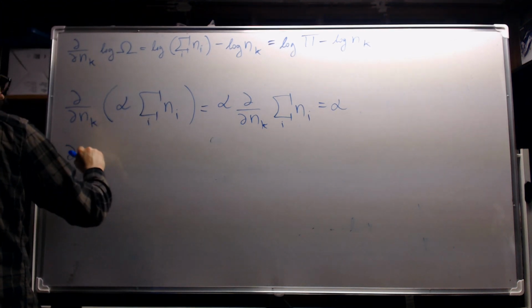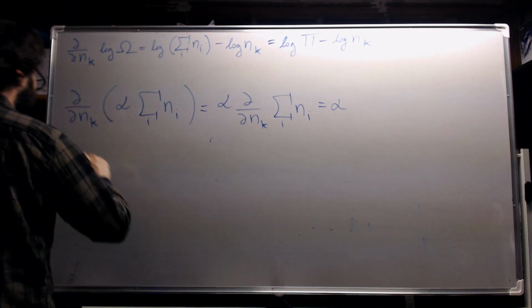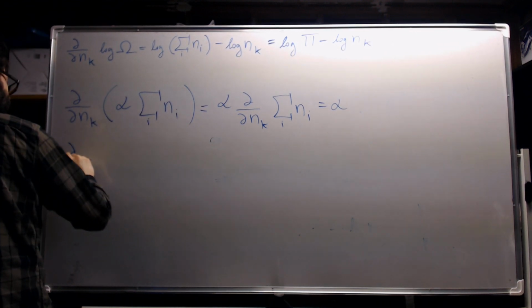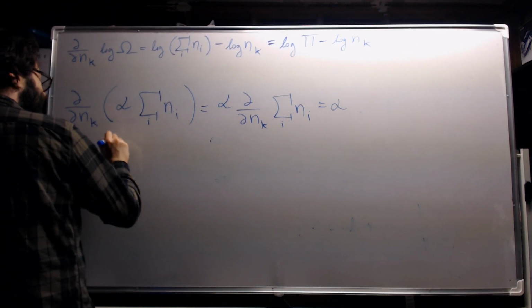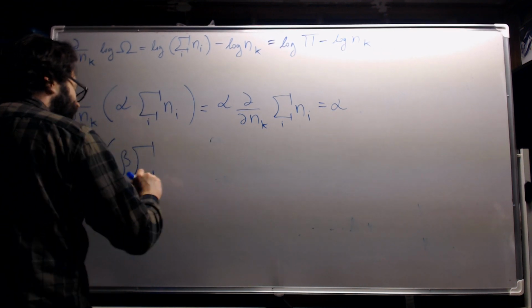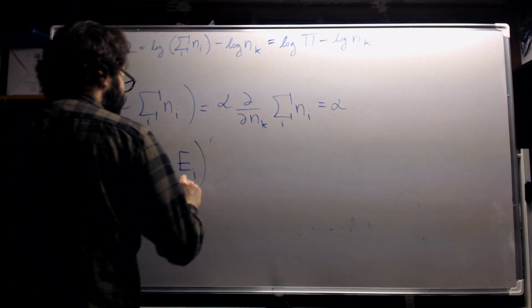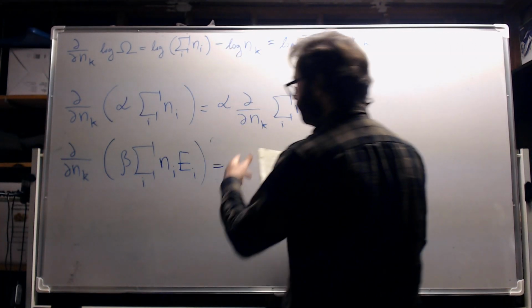The derivative with respect to n_k of the second constraint, which was beta sum over i of n_i e_i, is going to look something like this.